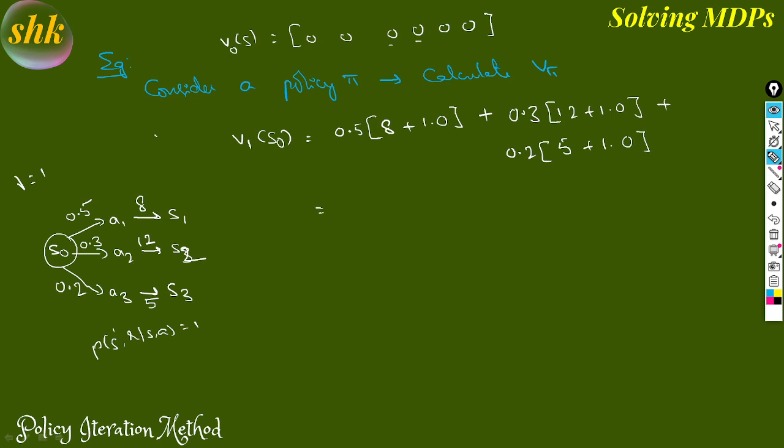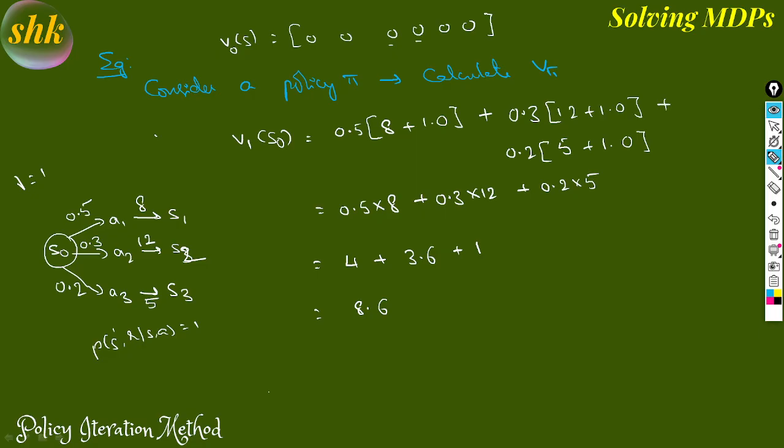Substituting these values, we get 0.5 into 8 plus 0.3 into 12 plus 0.2 into 5, which we can write as 0.5 into 8 equal to 4, plus 0.3 into 12 equal to 3.6, plus 0.2 into 5, which is 1. So 4 plus 3.6 is 7.6, plus 1 is 8.6. Now this is the value function V1 for the S0 state.